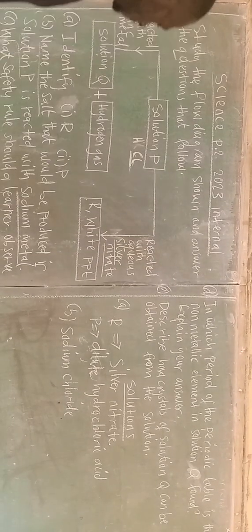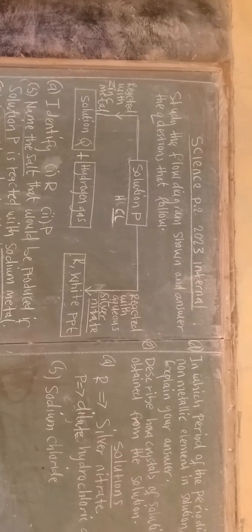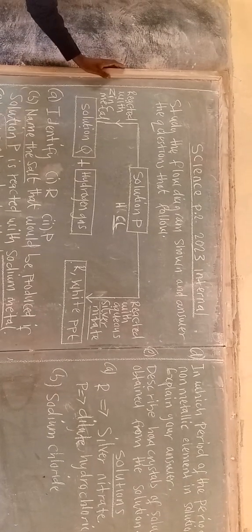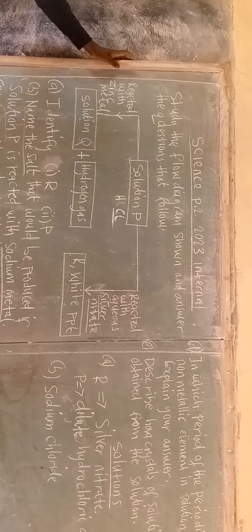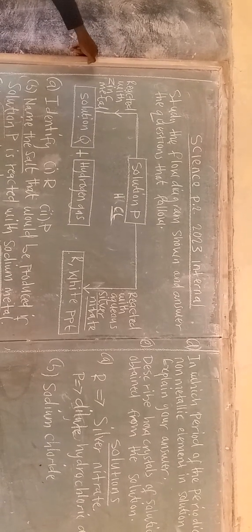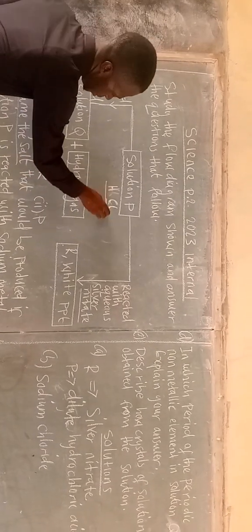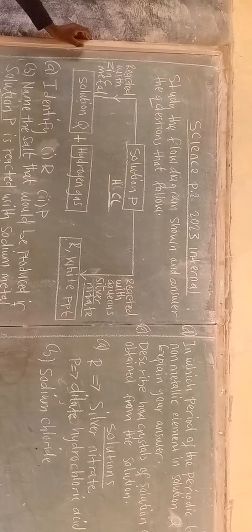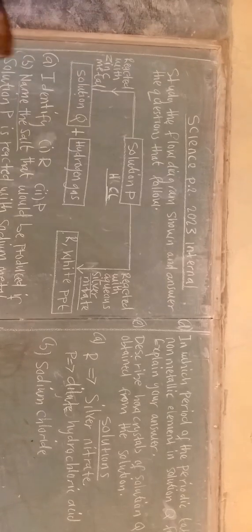Okay, we move on to C. C reads, what safety rule should a learner observe when carrying out experiments described in the diagram? For this experiment, you are dealing with an acid, and we all know what an acid can do.